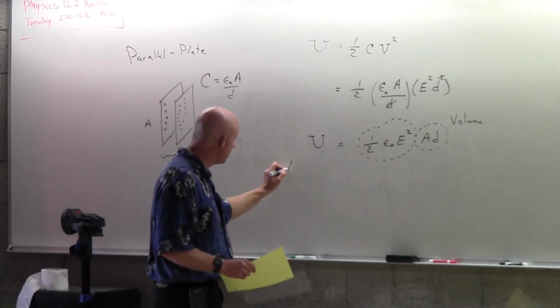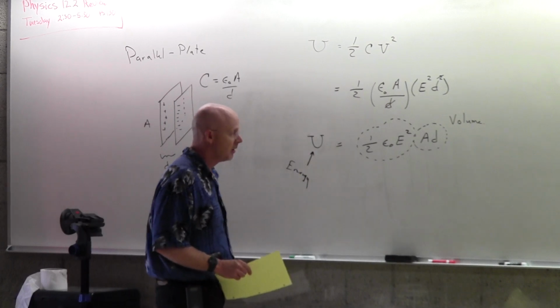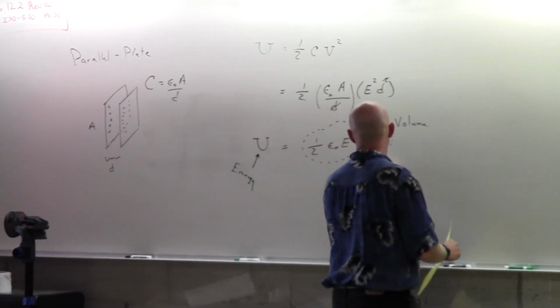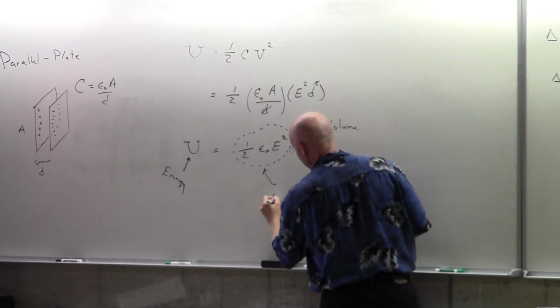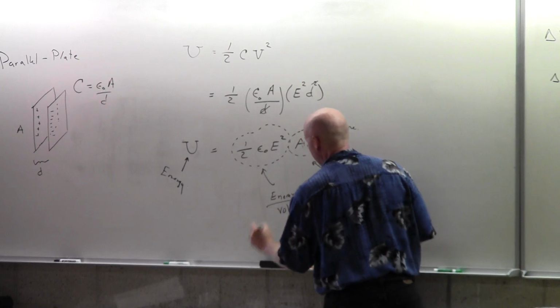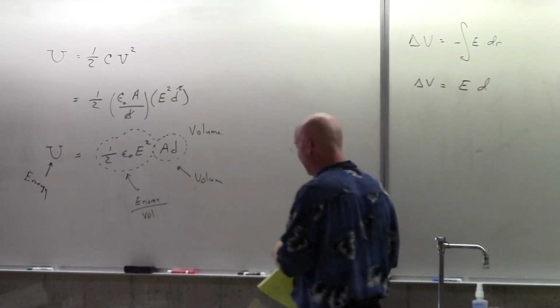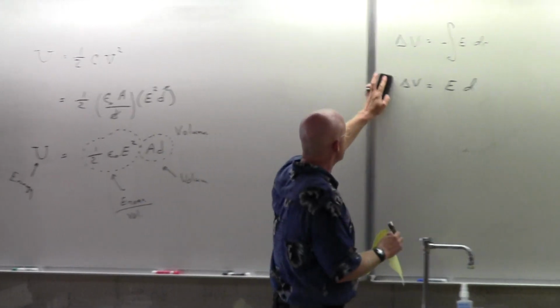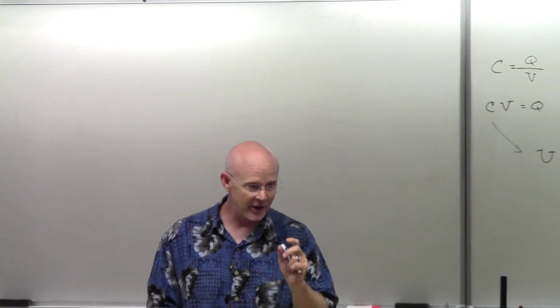If this is energy here, this must be how much energy you have per volume. And so we're going to refer to that as the energy density. It's going to give us hopefully some physical insight to say, where is that energy? In the electric field. That energy density.